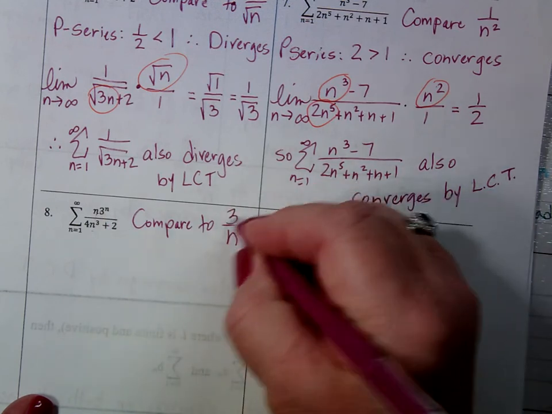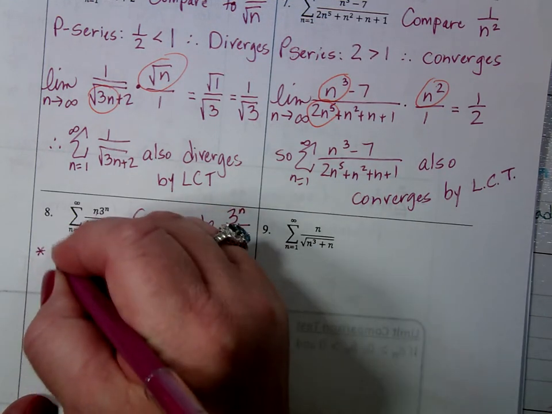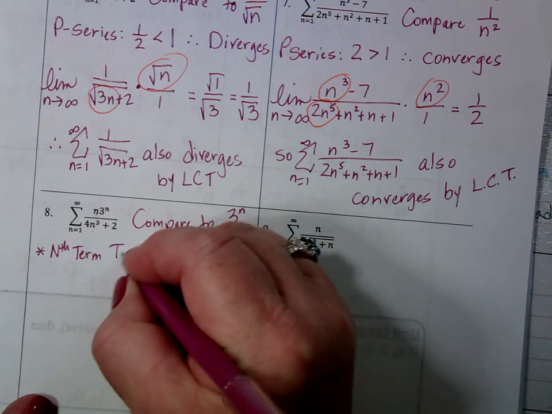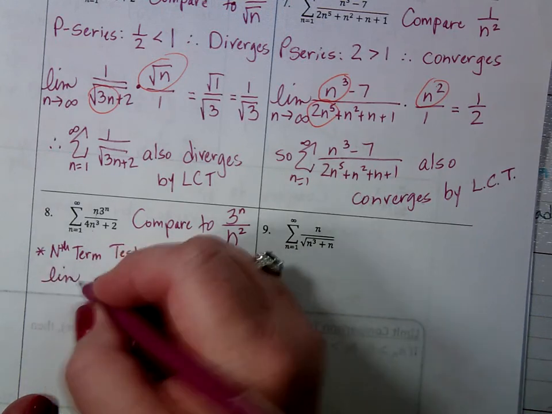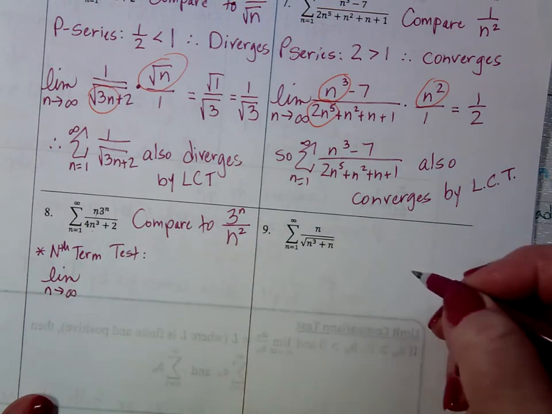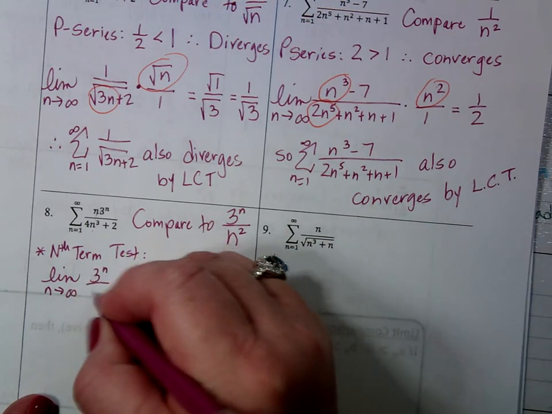So that's what I need to compare it to, this 3 to the n over n squared. And I'm thinking of the nth term test, one of our very first tests, which means I need to take the limit as n approaches infinity of this 3 to the n over n squared.